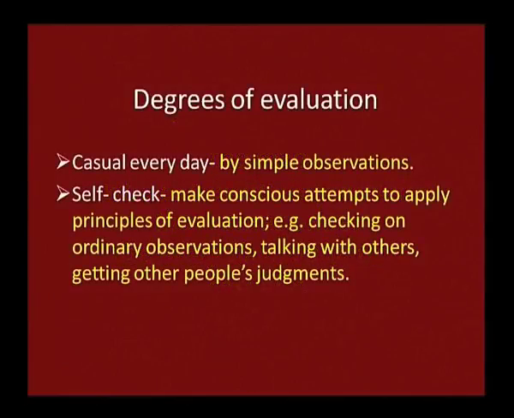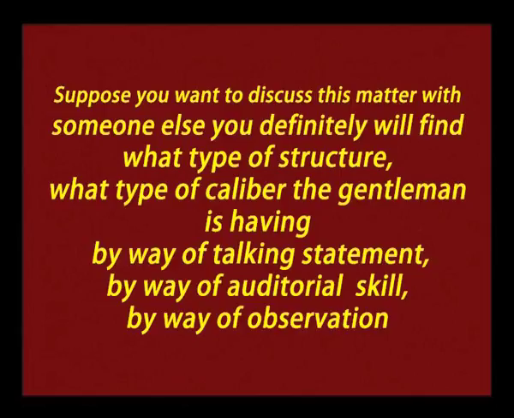Second is self-checking. Make conscious attempts to apply the principle of evaluation, by checking ordinary observation, talking with others, and getting other people's judgment. Suppose you discuss a matter with someone else, you will definitely find what type of structure and caliber this gentleman has.